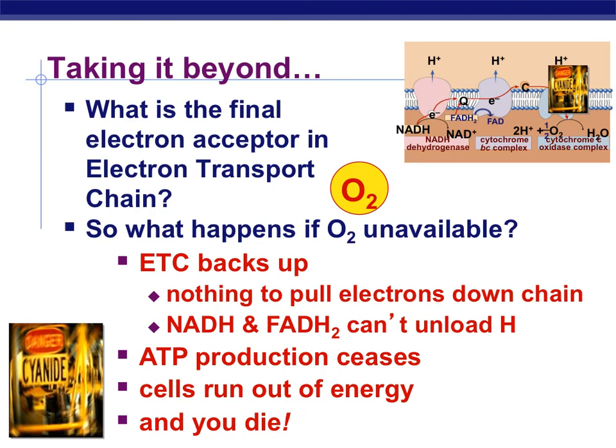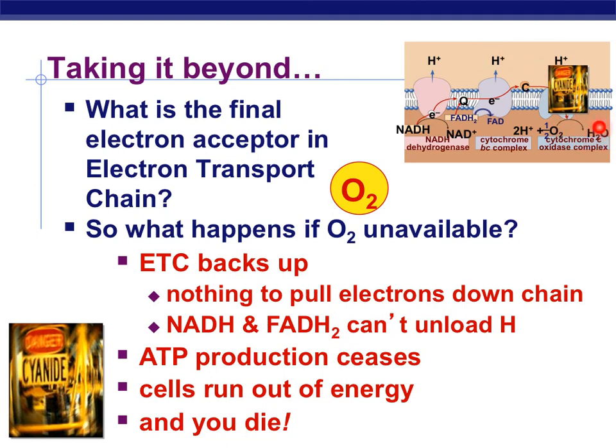There's a lot of chemicals that have been discovered, one in particular called cyanide, which disrupts this process. If the electron transport backs up because there's no oxygen available, well then the electron carriers can't unload their electrons, and we can't have the hydrogens diffuse back across the membrane.